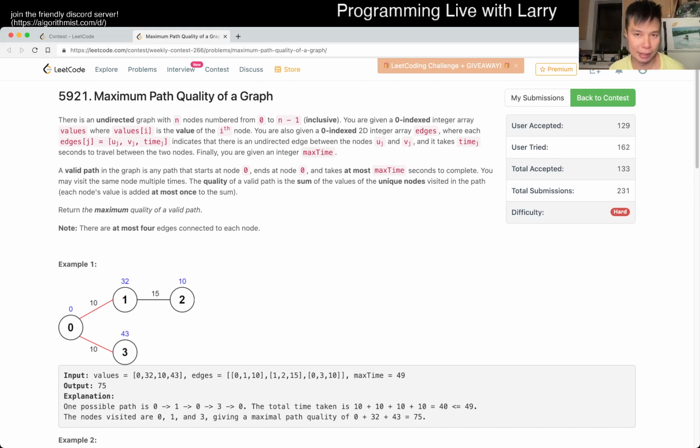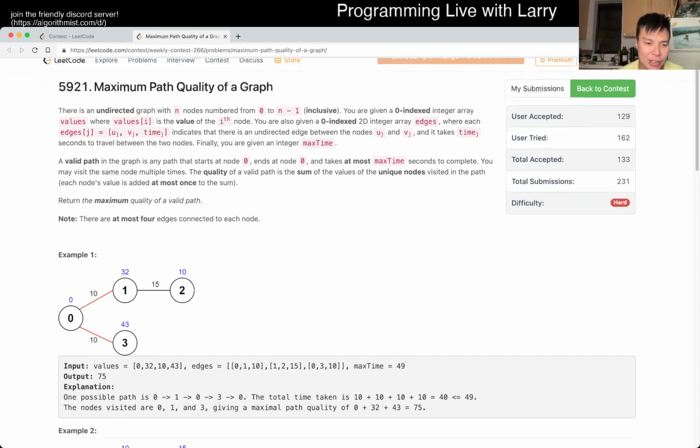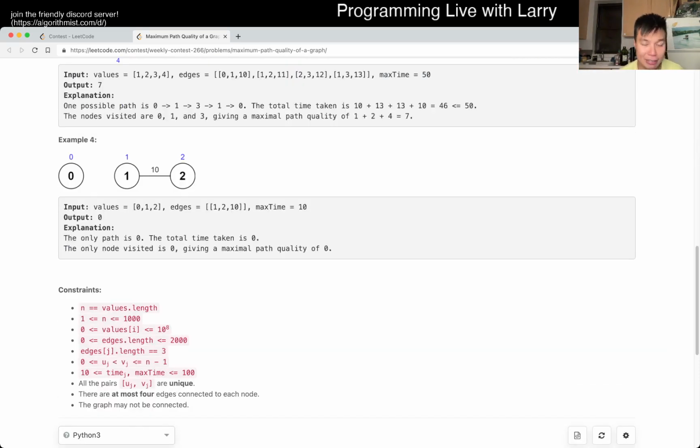The complexity is going to be hard, and it is not immediately clear how to make it fit. And if you're not careful, you look at the constraints and go, okay, n is 1,000, so we have to do something in linear or at worst n squared time. That's what I would think about, looking at these constraints.